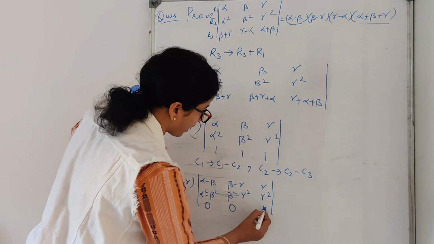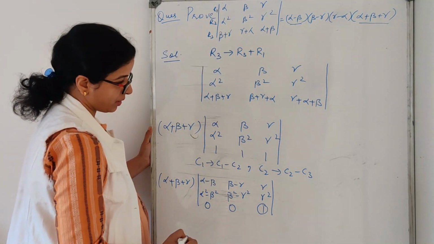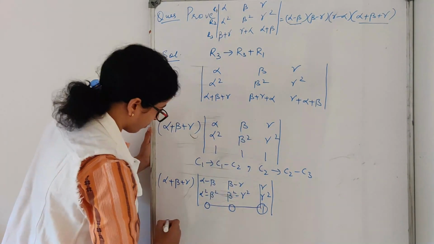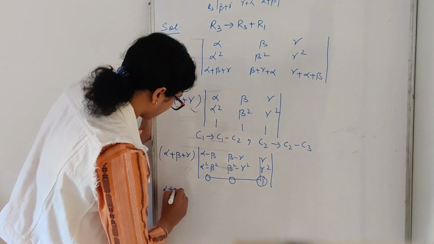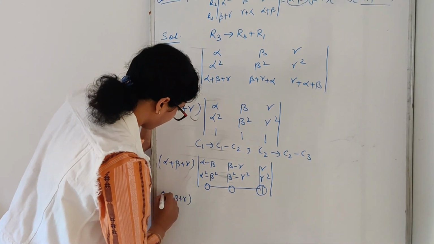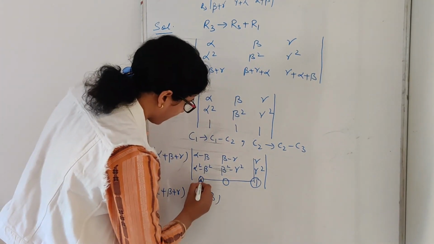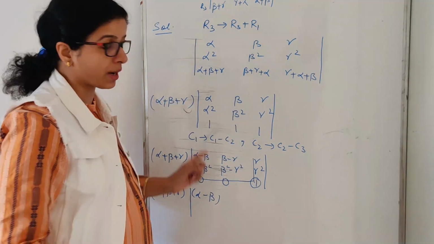Correct? Now I can expand about this element. Okay, so leave the corresponding row and column. What I am left with, alpha plus beta plus gamma. Okay, alpha minus beta and I will write the expanded form of a square minus b square here.